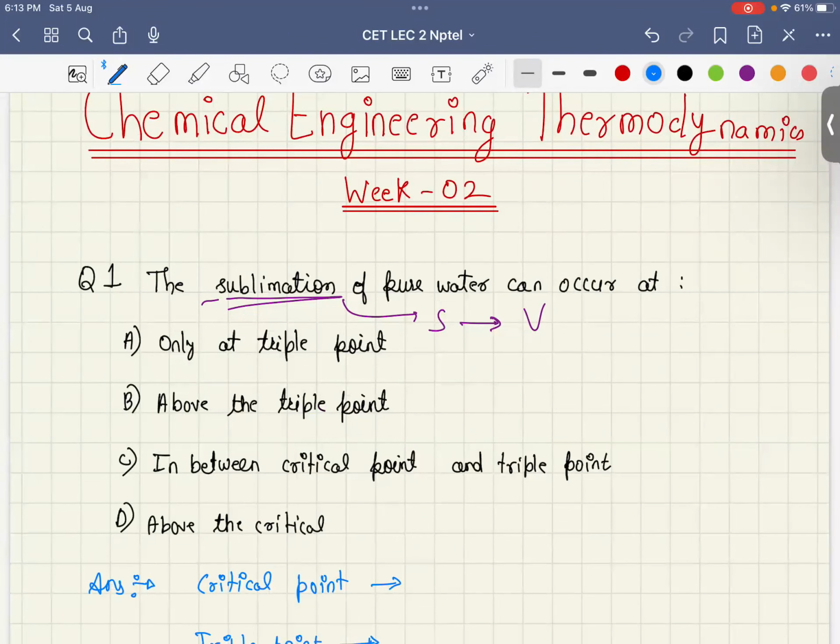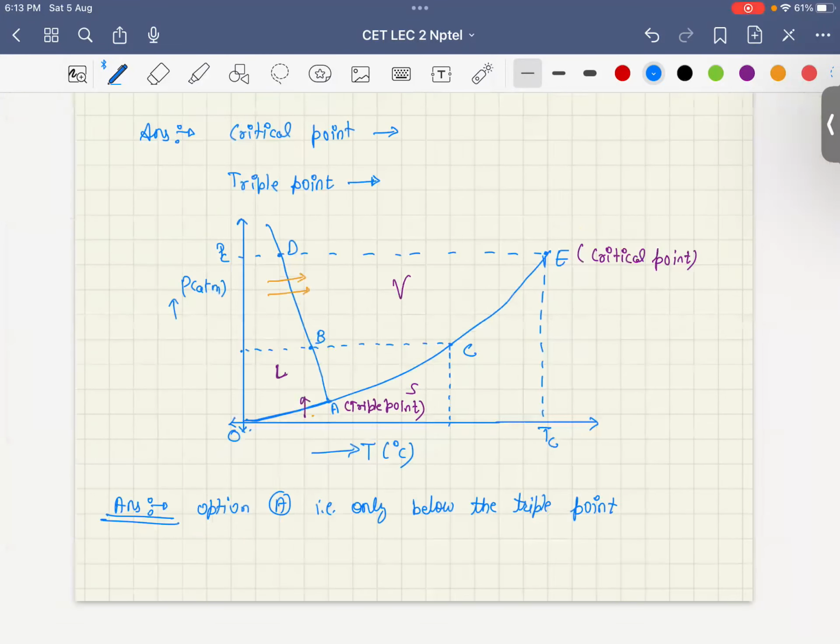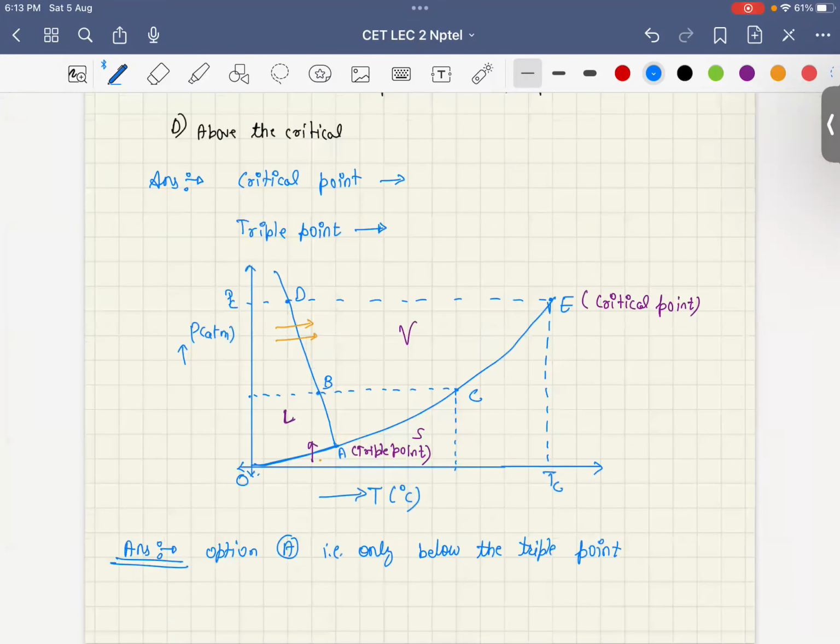Can you show this graph again? I have one doubt here. Below the line ACE, this should be vapor, right? Above will be vapor?